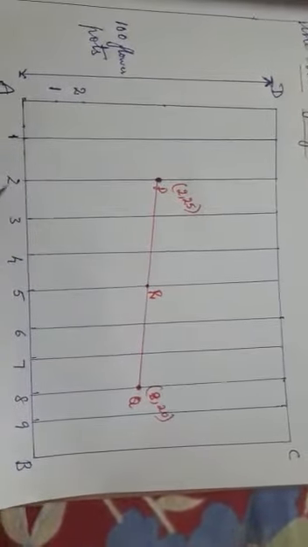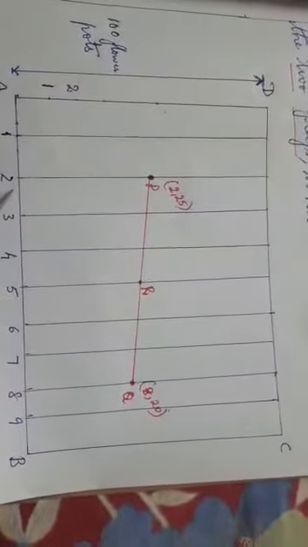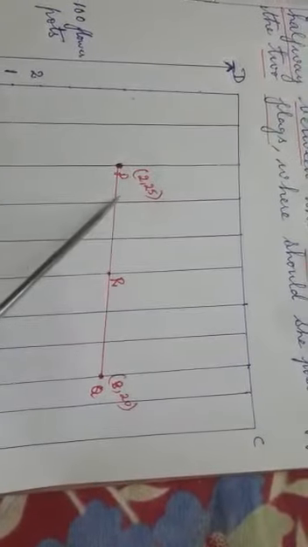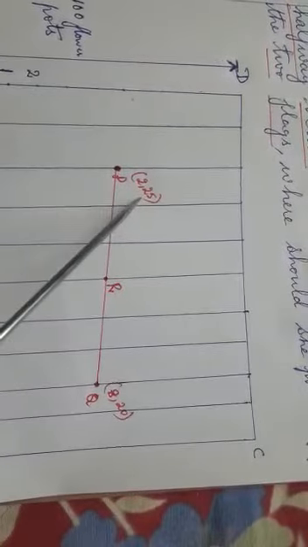She is running along the x-axis on the second line, so the x coordinate is 2 and the y coordinate is 1/4 of AD, that is 1/4 into 100, that is 25. We assume the point P where she is posting the green flag. So we get P of 2, 25.